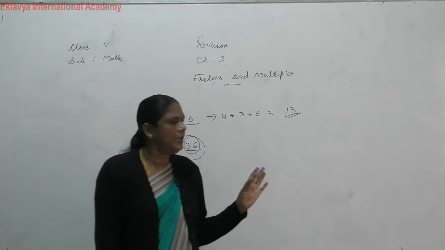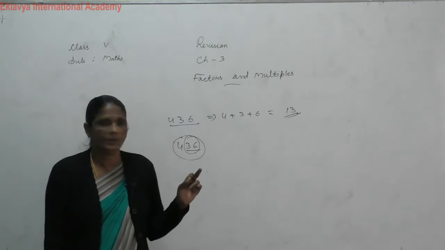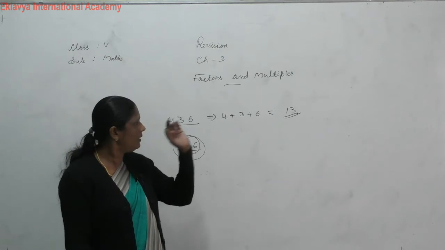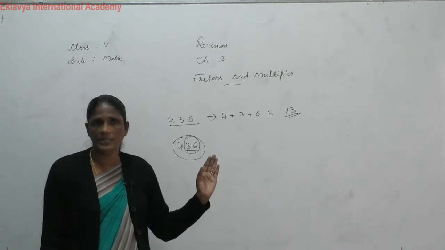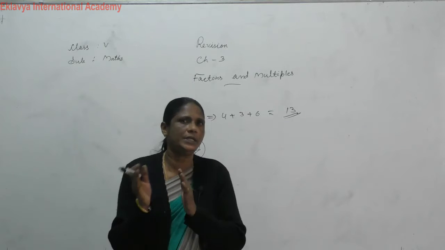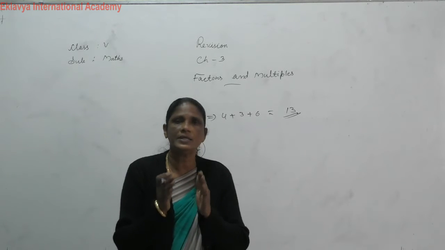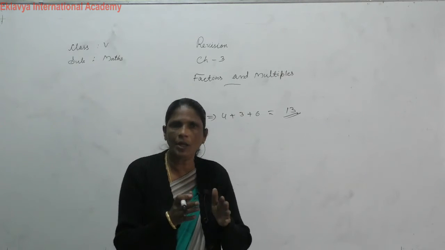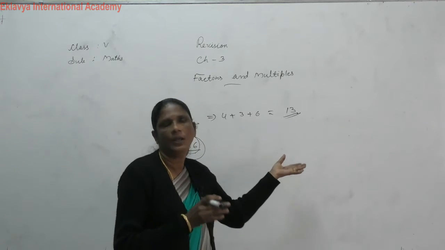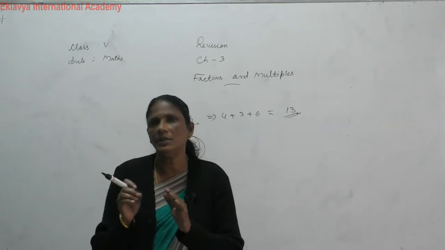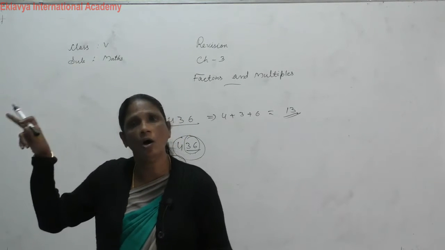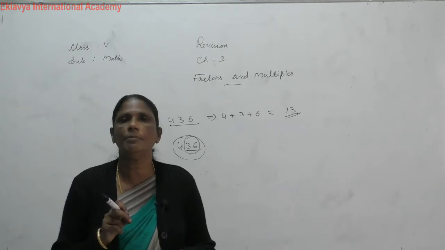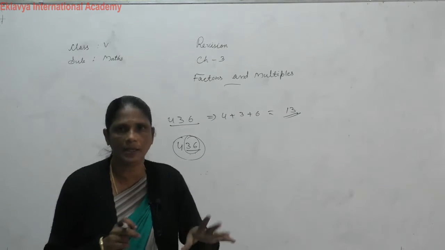Then divisible by 9. 9 and 3 are the same. That is, in 3 the sum of the digits is a multiple of 3; in 9 the sum of the digits must be a multiple of 9. Then that number is divisible by 9.